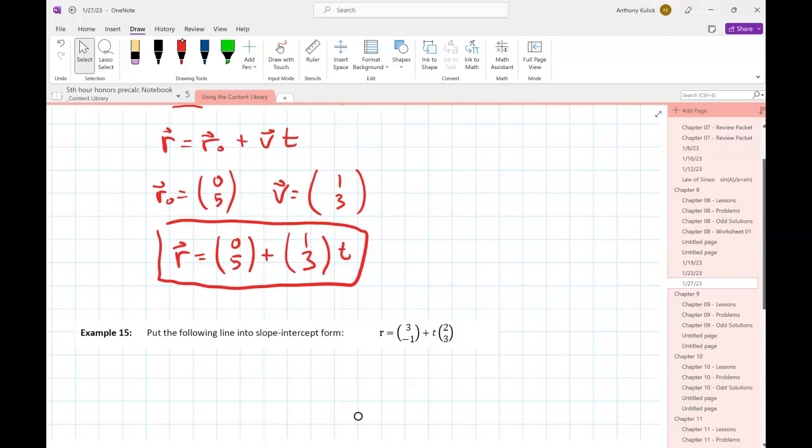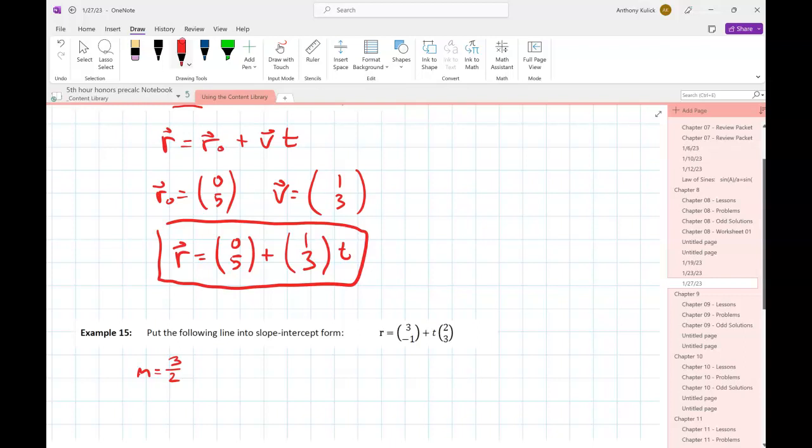What are we going to do that? Well, the slope would be 3 over 2, sure. What else do we need to write the equation for a line?